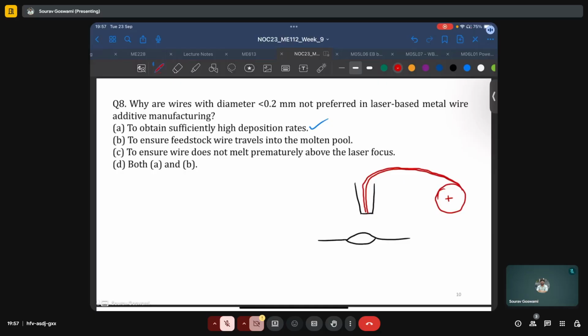And if the wire is very slender, or that is to say, if it has a very small diameter, it can bend easily and can have high curvatures. And thus, instead of entering into the melt pool, it can bend away. Of course, the figure which I am showing is exaggerated, but you get the idea. However, to prevent premature melting of wire above the laser focus, we can simply adjust, say, the standoff distance or maybe some of the other process parameters to correct this. Both A and B are the correct options.